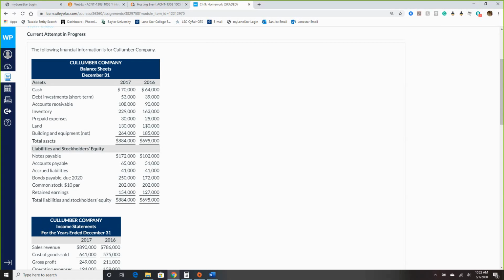It doesn't tell us exactly current assets. Remember, anything less than a year, basically everything before land, we're going to add together. And current liabilities, everything before bond payable, because accrued liabilities is also something that's going to get paid within a year.